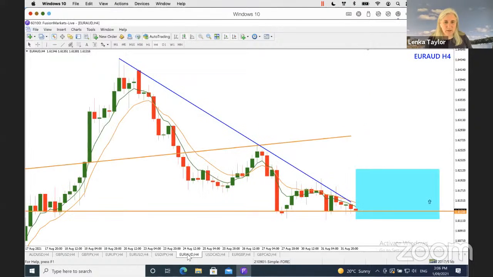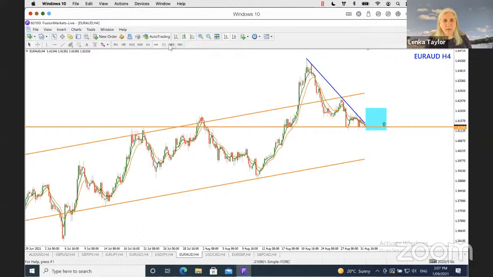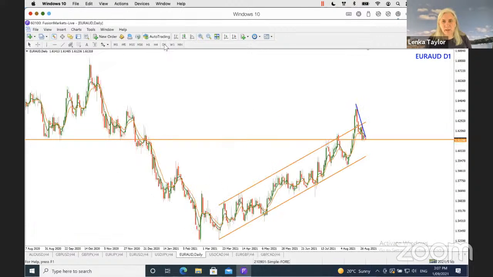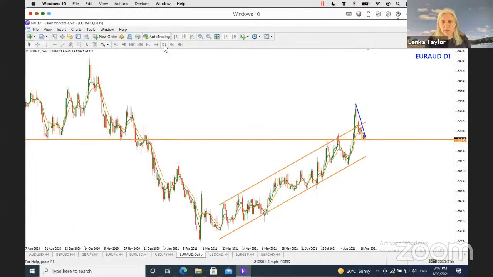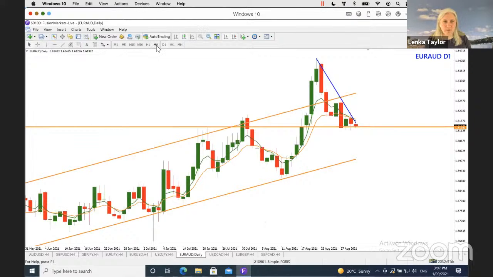Next currency pair is Euro AUD. On this one, I'm looking for a long. We've had a number of candles already close above that 1.613 horizontal, so I'm thinking it might now be going upwards. Let's just see what we have in terms of the price action.